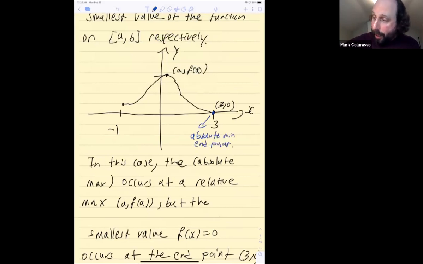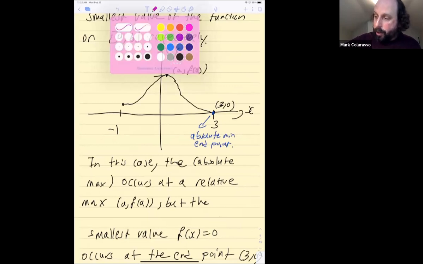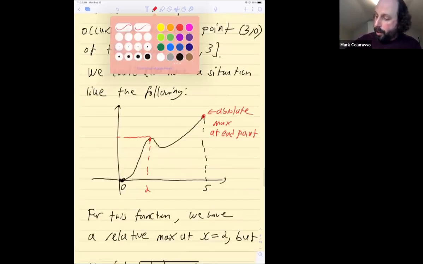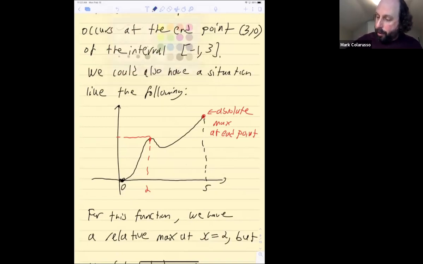But the absolute max happens to be at the extrema. And in this case, the absolute min is actually also at an endpoint. Okay, so those are the kind of things you need to be aware of.